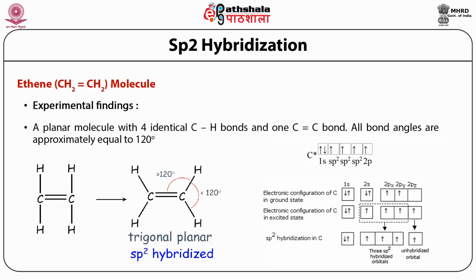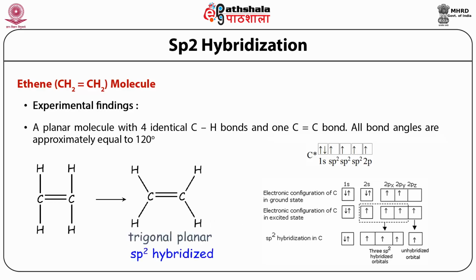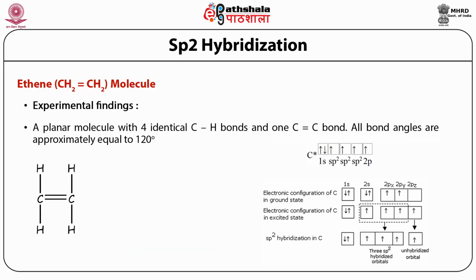So this shows the electronic configuration of the excited state of carbon, that is C star, in sp2 hybridization, and the figure below shows the schematic representation of the formation of 3 sp2 hybridized orbitals, leaving one unhybridized p orbital for one pi bond.